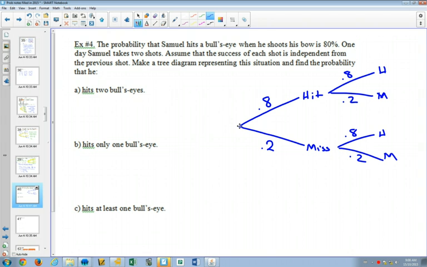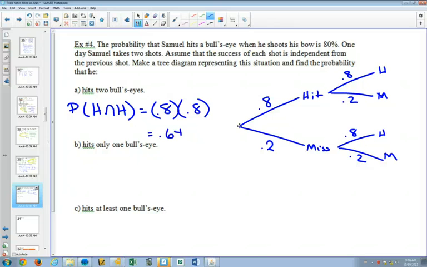So there's our situation with the tree diagram. What's the probability he hits a hit and then another hit? Well, that would be 0.8 times 0.8, a 64% chance that he gets 2 hits in a row. He only hits 1, well, that would be either a hit and a miss or a miss and then a hit.